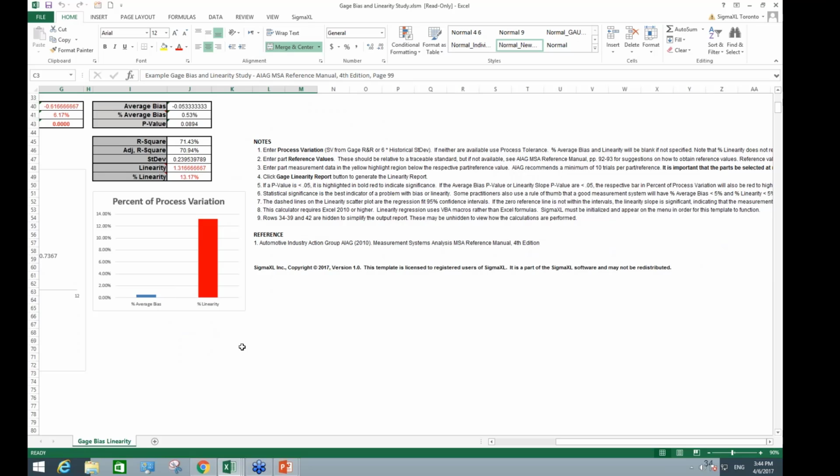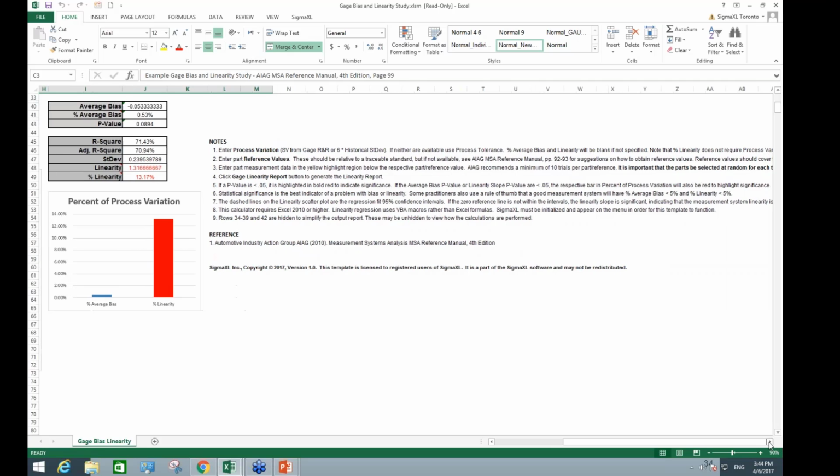Statistical significance is the best indicator of a problem with bias or linearity. There are rules of thumb out there, but your best bet is to go with statistical significance. The dashed lines on the linearity scatter plot are the regression fit confidence intervals. If the zero reference line is not within the intervals, the linearity slope is significant, indicating that the measurement system linearity is not acceptable.